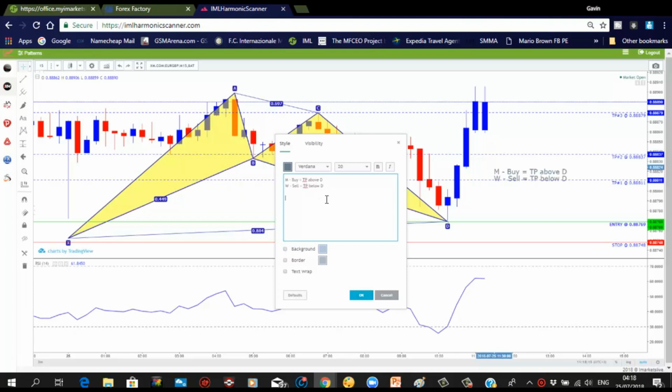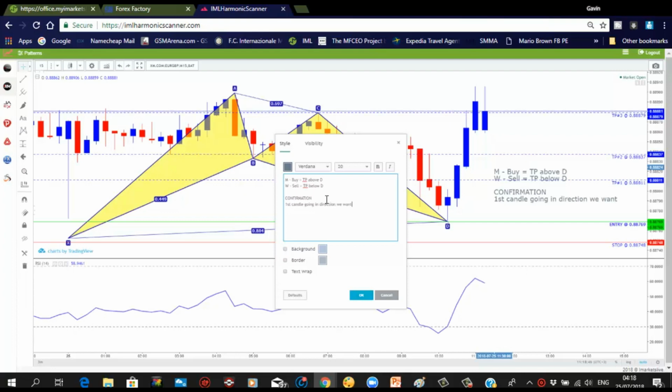So the next thing is confirmations. Remember guys, this is basic beginner stuff, man. This is simple. This is why a lot of persons, regardless of age, are earning all across the world with iMarketslive. You can log in and use this software. It works. Confirmation: you want the first candle to be going in the direction we want.